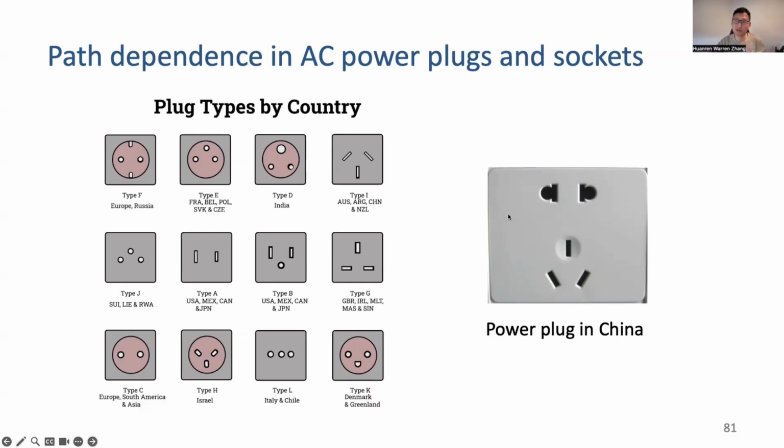It's a combination of the so-called European system with the two round holes, the US system, which is just two straight lines, and also the Australian system. But because it has been produced that way for many years, it's very difficult to change. So that's the idea of path dependence.